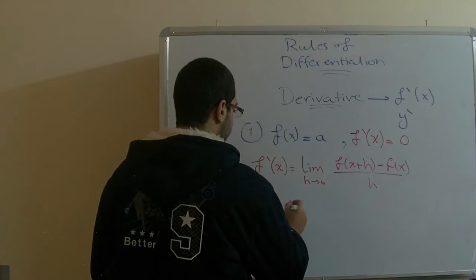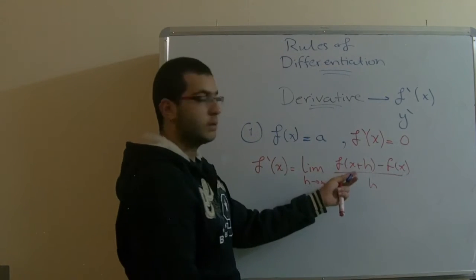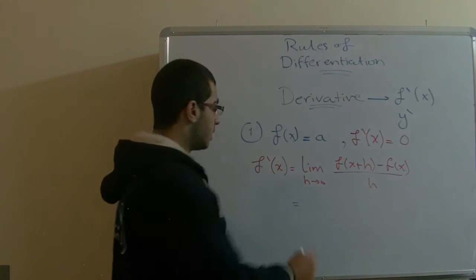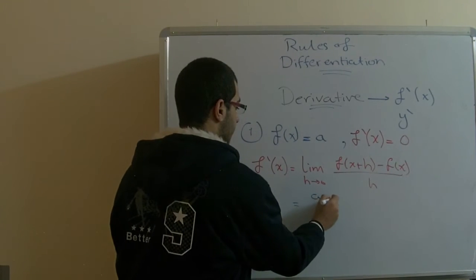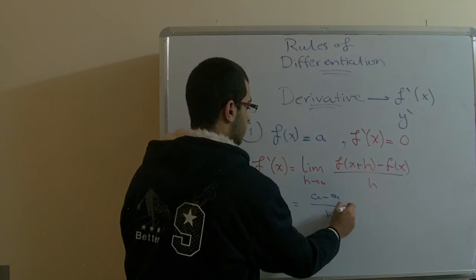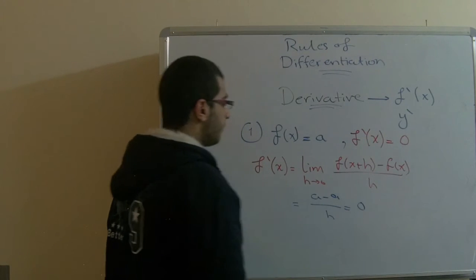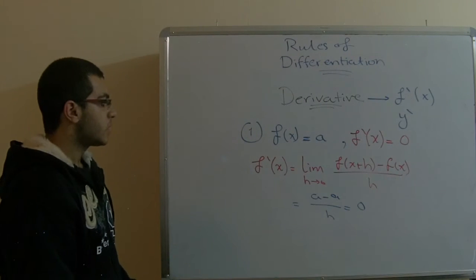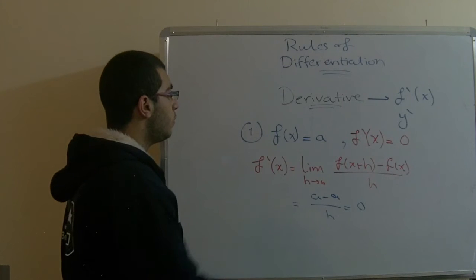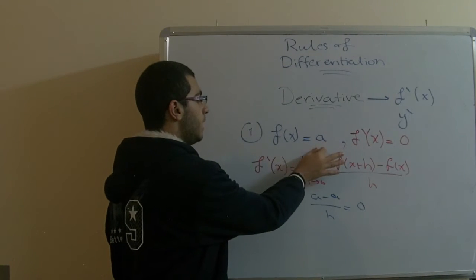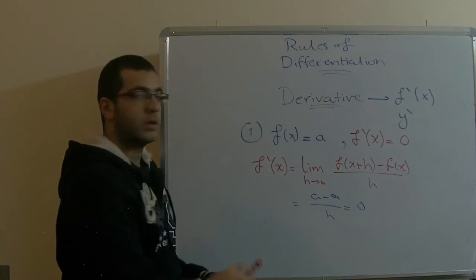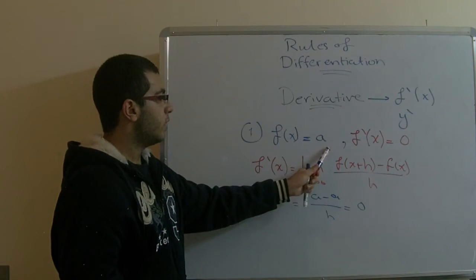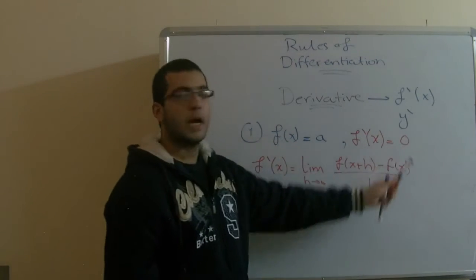So here actually there's no x at all, so we will type a minus a over h, so it yields 0. So instead of writing these steps, when we see f(x) equal a certain value, constant, and there's no x here, we type 0.